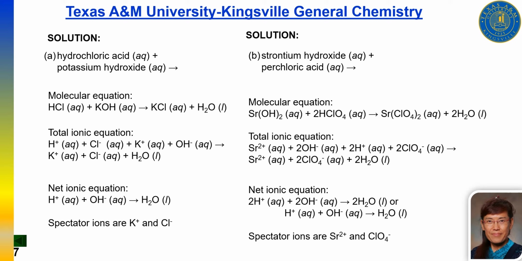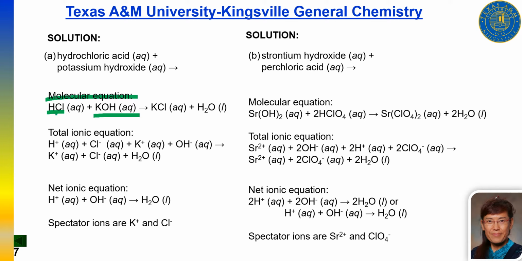First of all, write down the molecular equation. So you have your HCl aqueous reacted with KOH, potassium hydroxide, strong acid, strong base. In this case, they're both aqueous. If you have a weak acid or weak base, you write it down as themselves. They are not going to be dissociated. They react, they exist as if they were intact, undissociated.